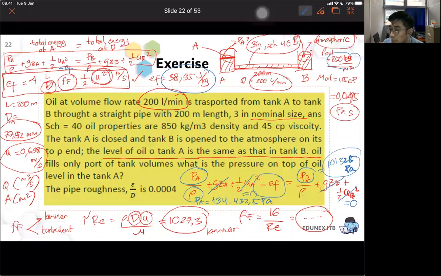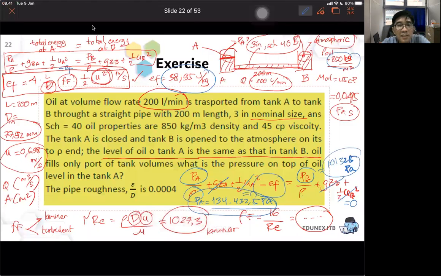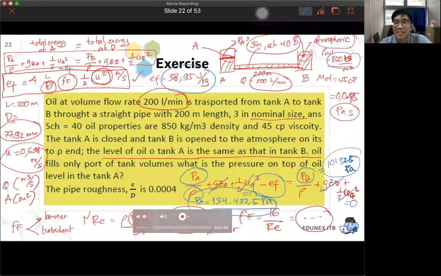Then you get the PA. Okay, I'm still waiting for the result from the other students. I got the same, sir. 134 something, right? Yes. Okay, how about the others? I hope the others are doing the calculation as well.